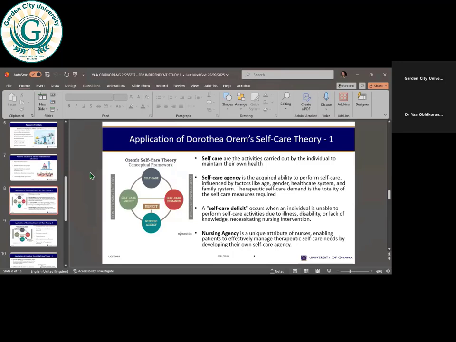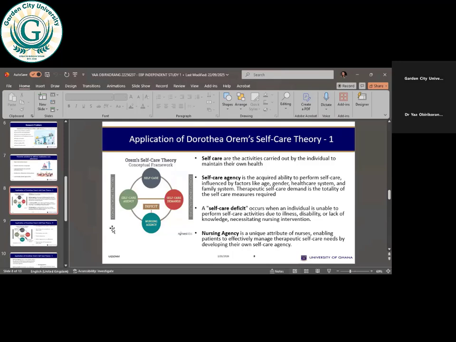This was part of a course titled Independent Studies. As part of what we were supposed to do for the course, we were supposed to nurse a patient and apply a theory.